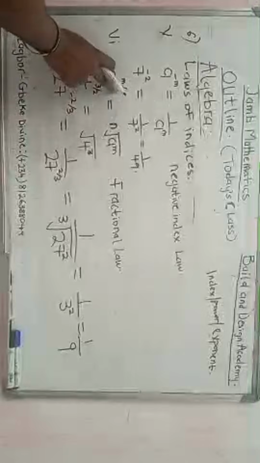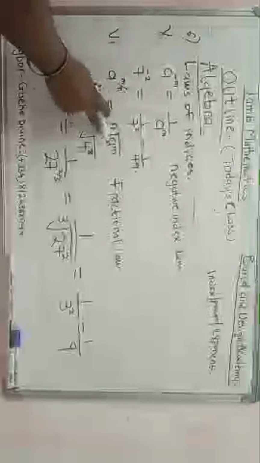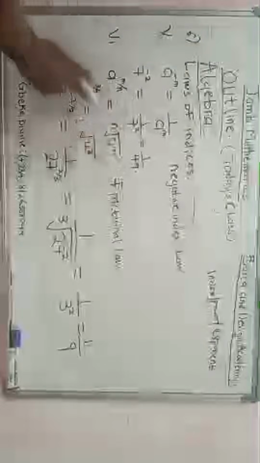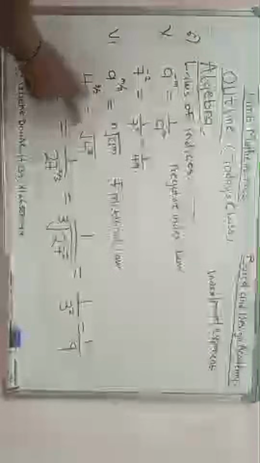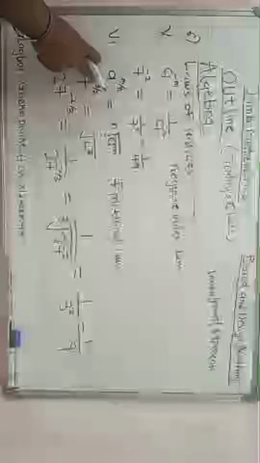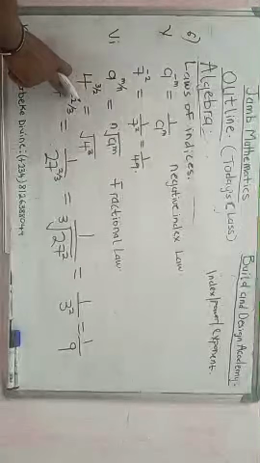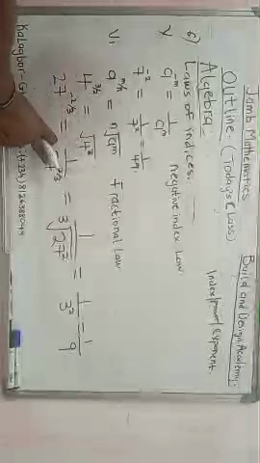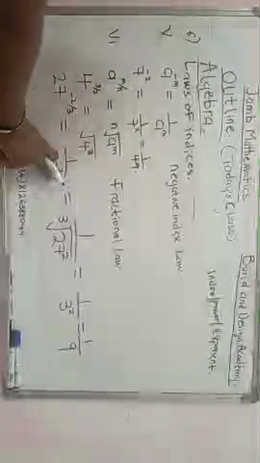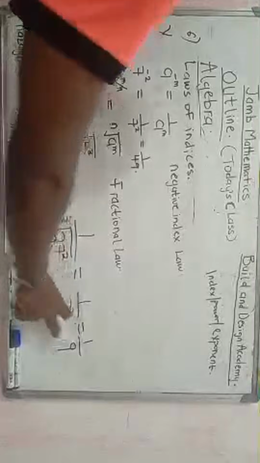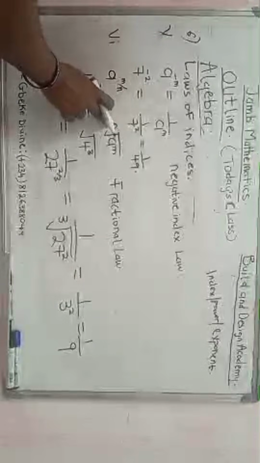The denominator, this n, will be the root outside, and then the numerator will be inside as the power. Similarly, look now, 2 is the denominator, which is the square root, and 3 is the numerator, which is the power. Look at this one here too. The negative will turn into a fraction. 3 is the denominator, which will be the cube root, and 2 is the numerator, which will be the power. Then you simplify. So this is where the mistake was. I've corrected it. Please take notes.